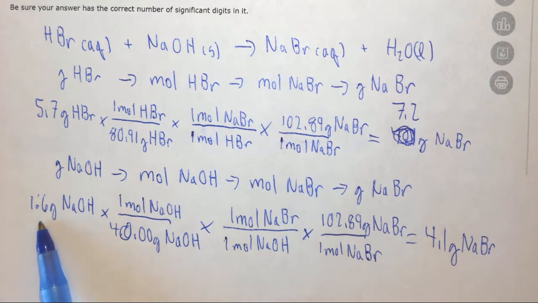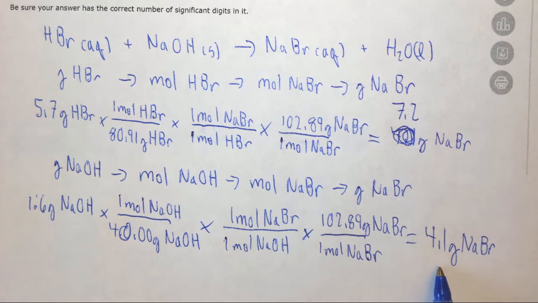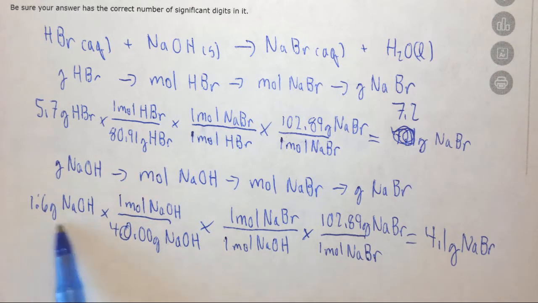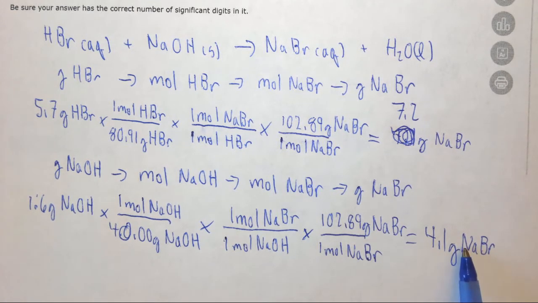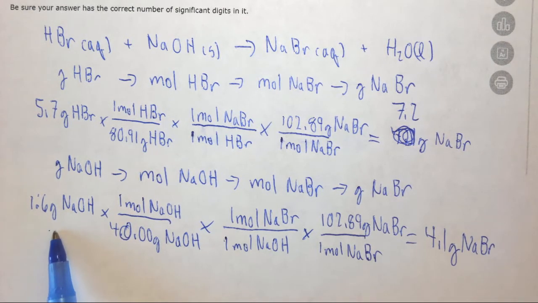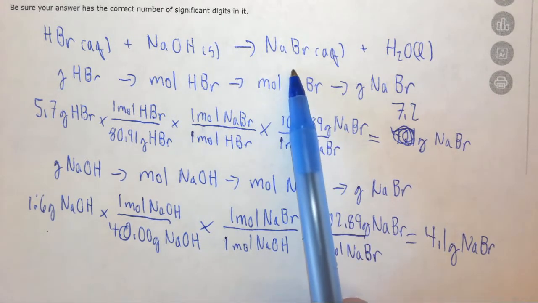If we react all 1.6 grams of NaOH, we'll make 4.1 grams of NaBr. Since once we react all 1.6 grams of NaOH, we only make 4.1 grams, which is less than 7.2 grams. After we make 4.1 grams of NaBr, the NaOH is gone. If the NaOH is gone, we can't possibly make any more NaBr.